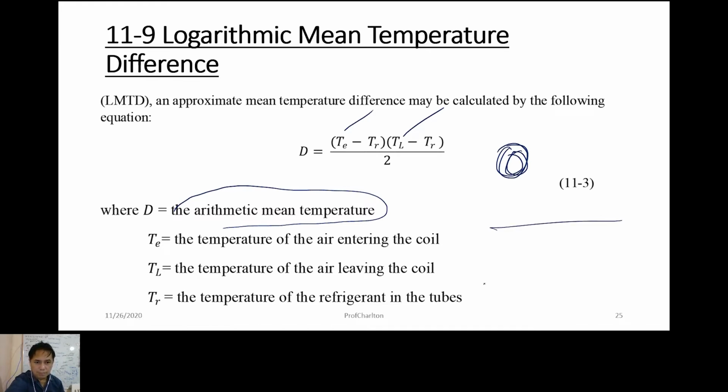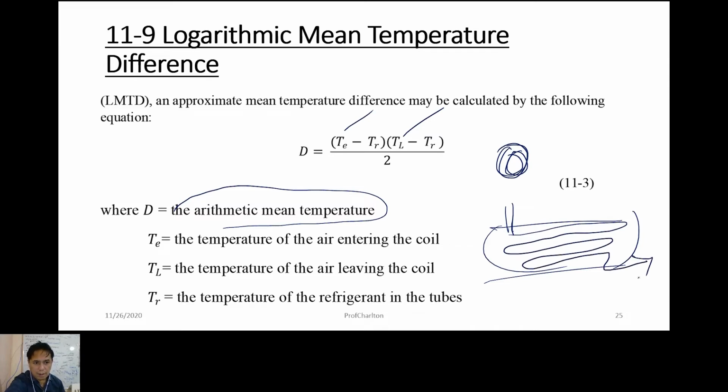So it is like this. If this is the evaporator, this is the entrance. There are many tubes. Then the air goes out. Out is leaving. This one is entering. So entering is lower than leaving in terms of temperature. The temperature at the entrance is low.